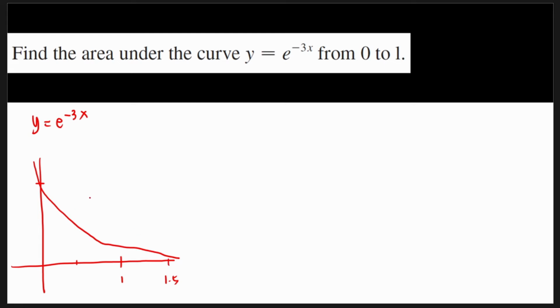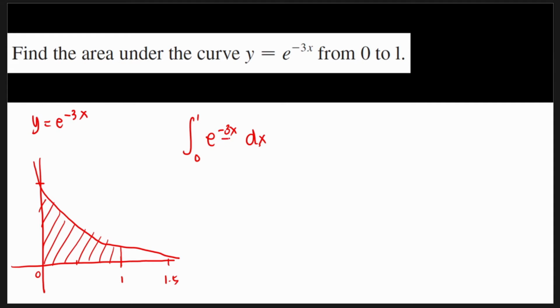Taking the area from the limits of 0 to 1 is just taking the area from here, which is 0, to here. So we are solving the area of this curve around this limit. And the translation of that in integration is just the integral of e to the 3x dx from 0 to 1.